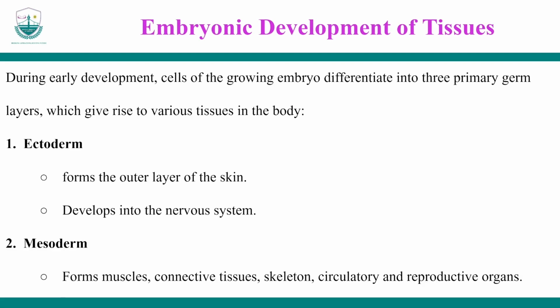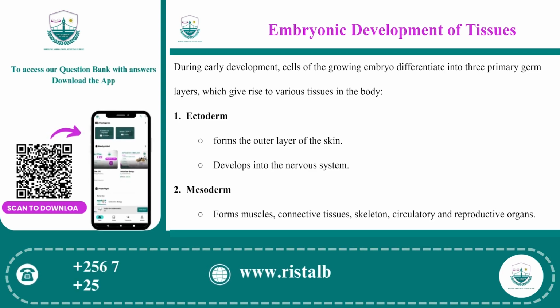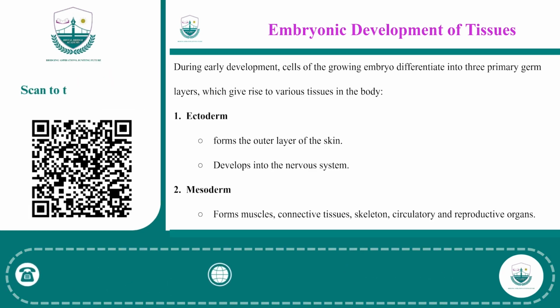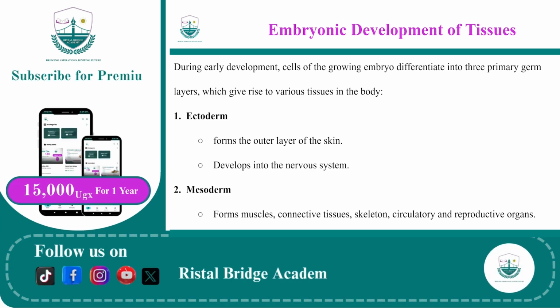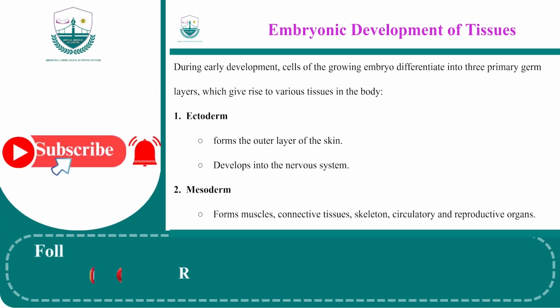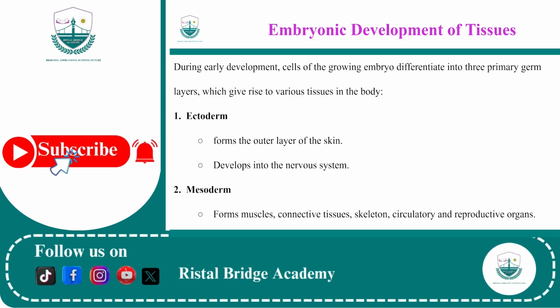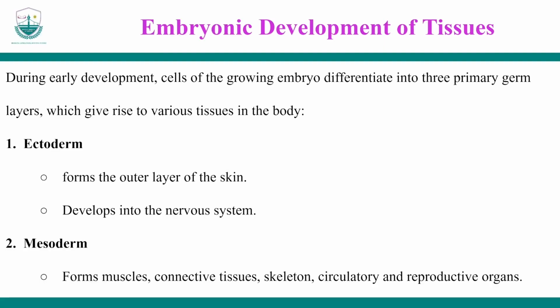So tissues emerge from cells. Remember, at fertilization, you have a zygote that is being formed. The zygote undergoes multiple cell divisions until you have a fetus, and then a newborn at delivery, with the different tissues which are mature, and also systems that are mature.